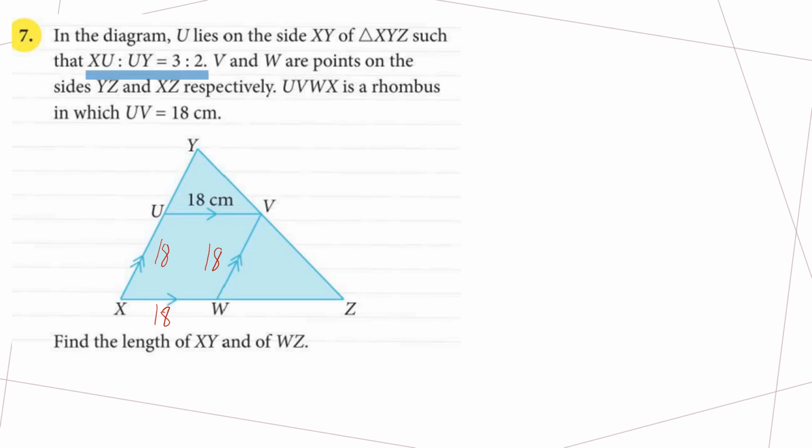We start with the ratio. We're given that XU is to UY as 3 is to 2. That means I'm going to let XU be 3 units. It's a ratio, so it could be 9 cm or whatever, so it's just 3 units, represented by 3u. And then UY is represented by 2u.